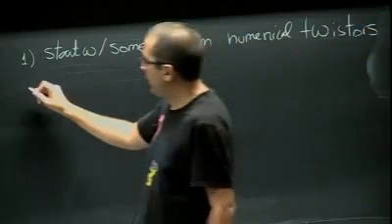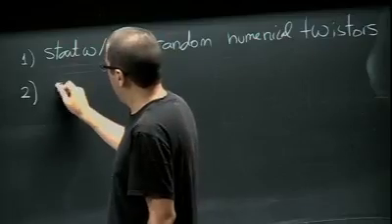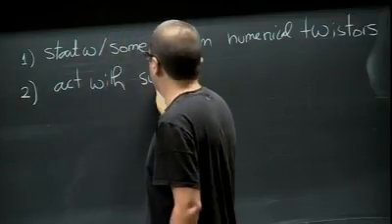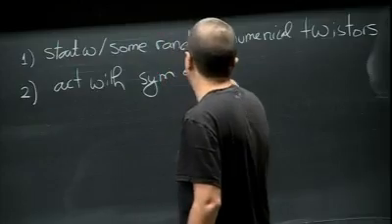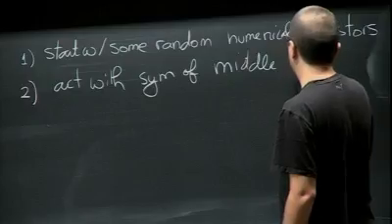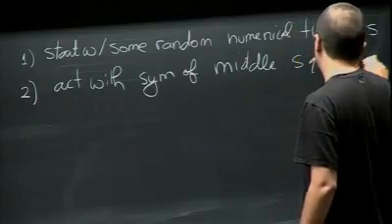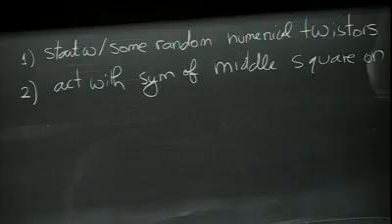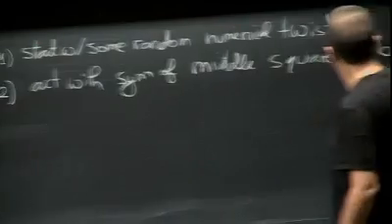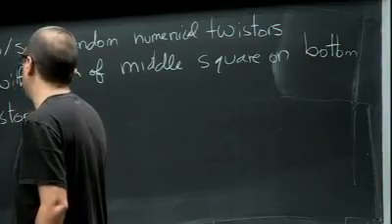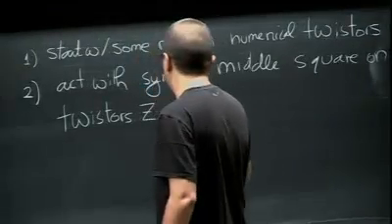And then you act with the symmetries of the so-called middle square, which is the square number 2, on the bottom twisters, in this case Z1 and Z6.